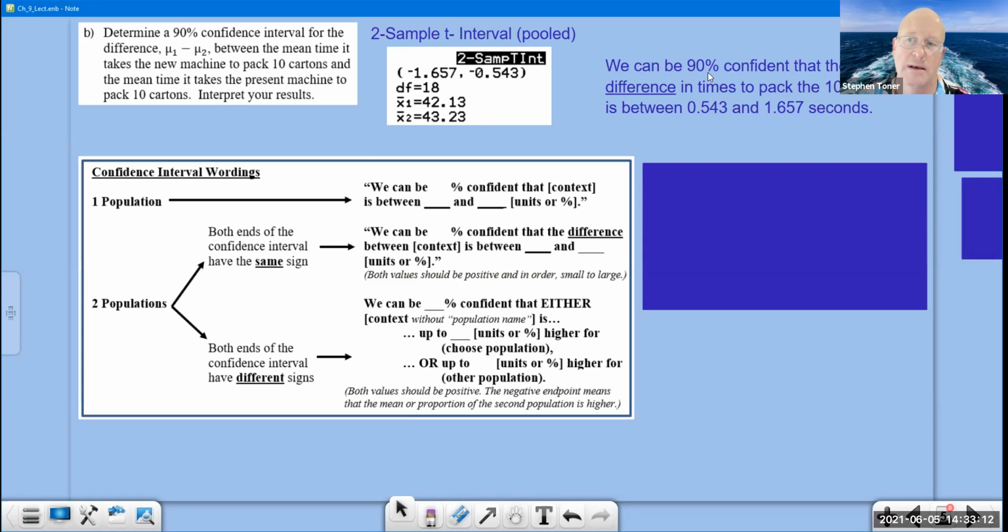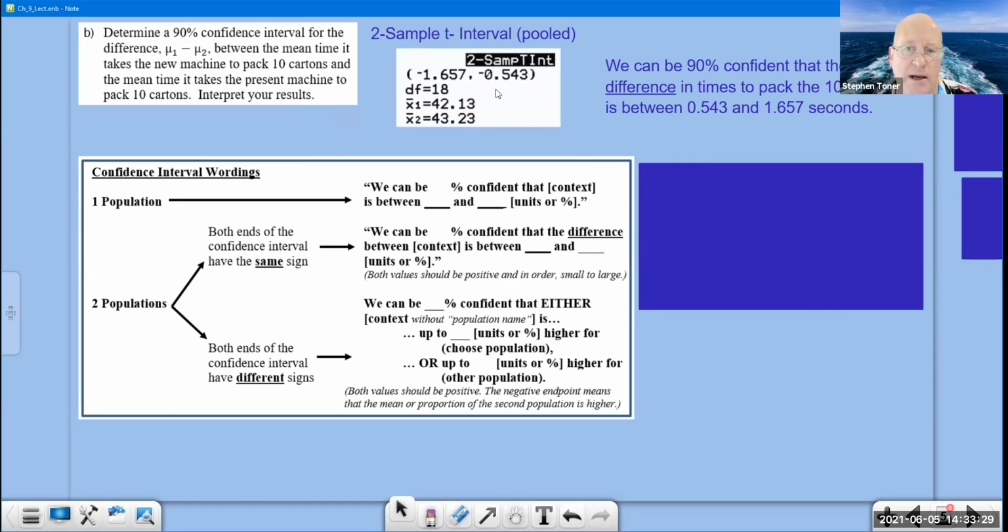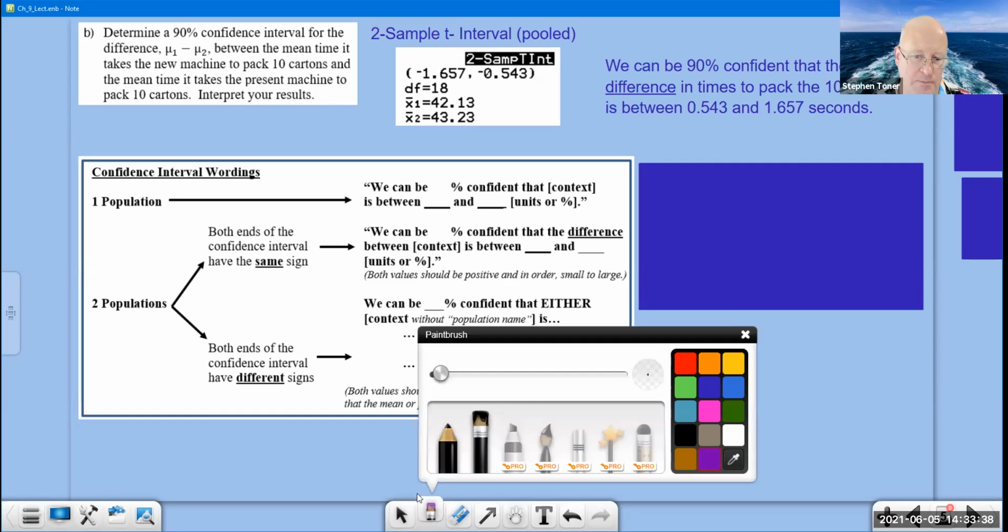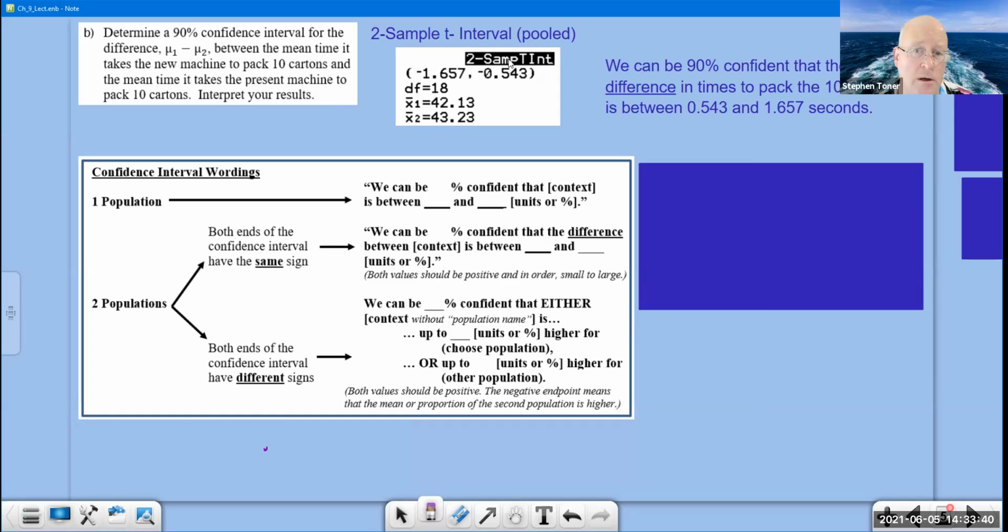We can be 90% confident that the difference in times to pack the 10 cartons is between these two numbers. Something's going on here. The order of the numbers changed right here. This went from negative, oh, these were both negative, and I made these positive. Why is that the case? Well, look at our confidence interval and both ends are negative.